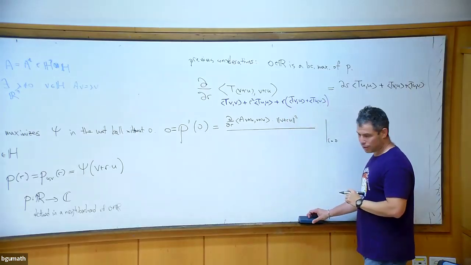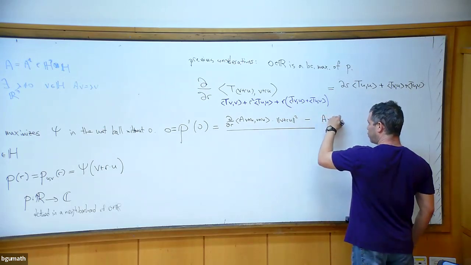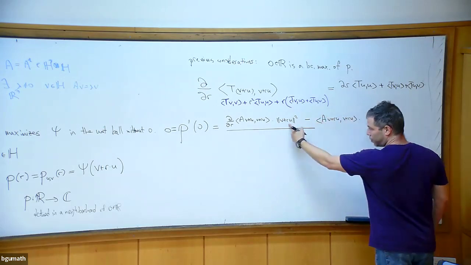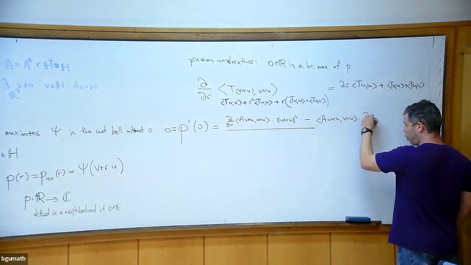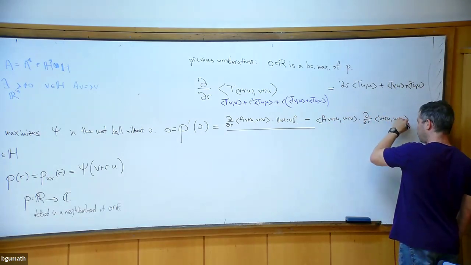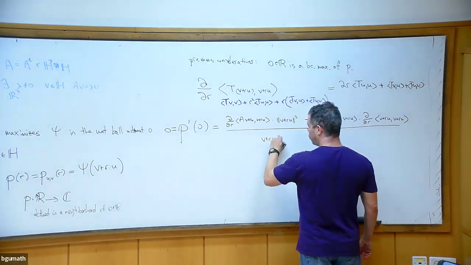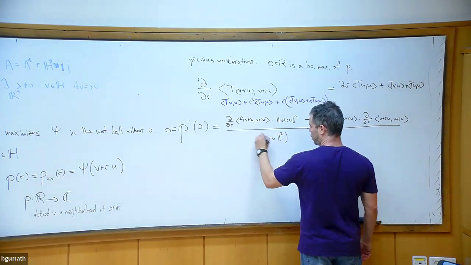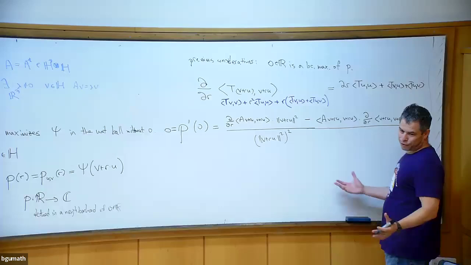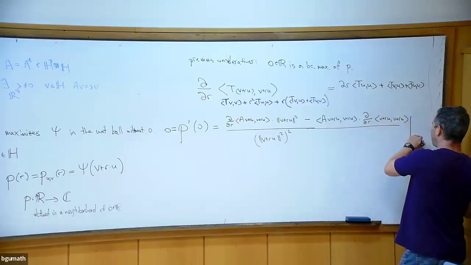Then I have to subtract A, V plus RU, V plus RU, times the derivative of V plus RU, V plus RU. All of this divided by V plus RU norm squared. Okay, this is how you take derivatives of real functions, and all of this at R equals 0.